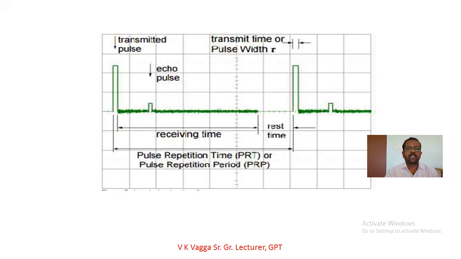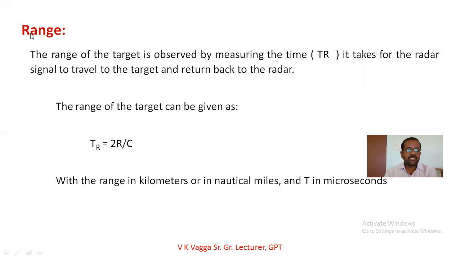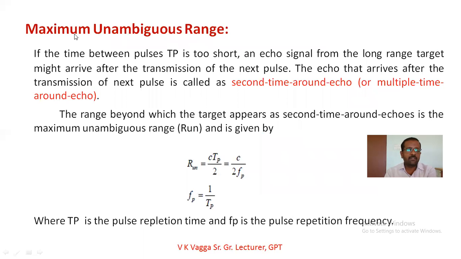Understood? Okay. So if it can receive the signal, it is called only the range. And if it receives within the maximum allotted time, it is called an unambiguous range. Understood the difference? Okay.